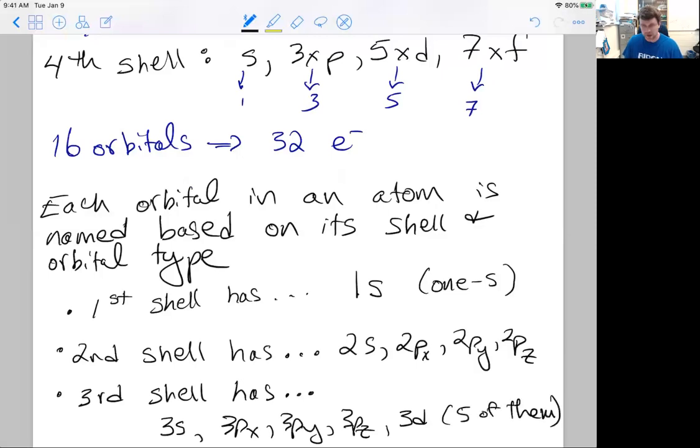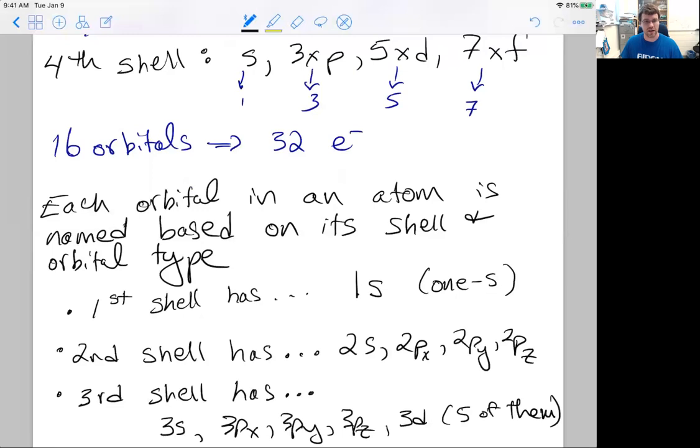I don't want to put them in our notes as something to worry about, but we have the 3dz squared, the 3dxy, the 3dx squared minus y squared, things like this, beyond the scope of the class. I just want to mention we have 5 of these d orbitals in the 3rd shell. Similarly, we have 5 of these d orbitals in the 4th shell. But we don't need to worry about these. They're a little bit more cumbersome to name. You can learn all about them if you take more advanced inorganic courses.